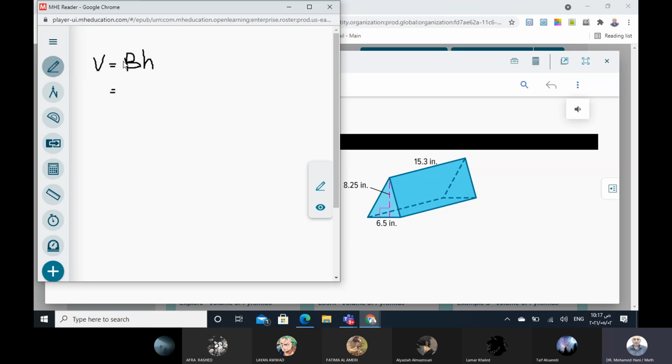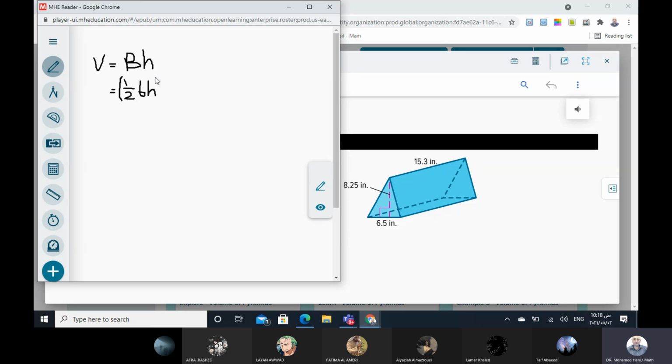How to find the area of the base? This is the base for the triangular prism. As you see, the base here is a triangle. How to find the area of the triangle? The formula will be 1/2 multiplied by the base of the triangle times the height of the triangle.